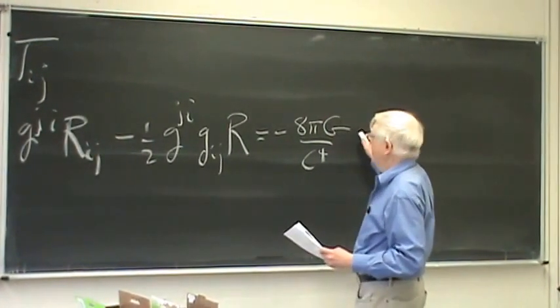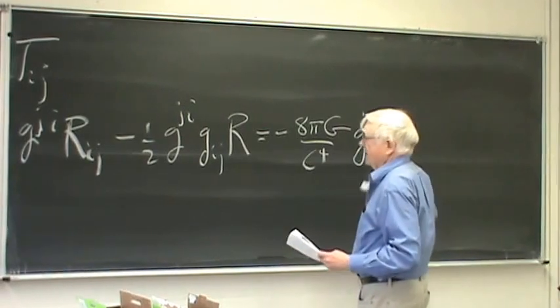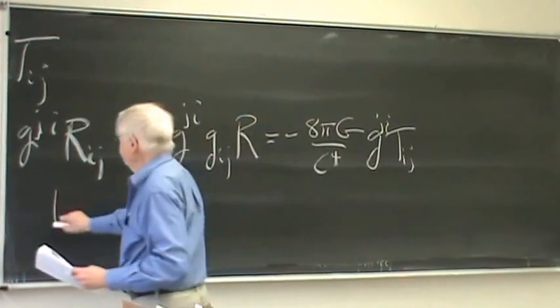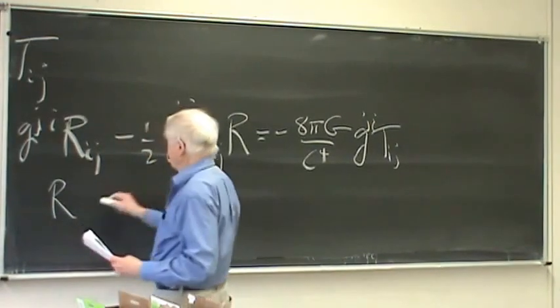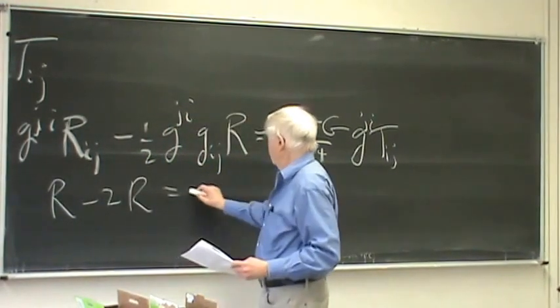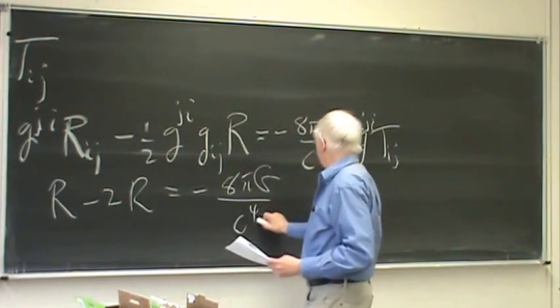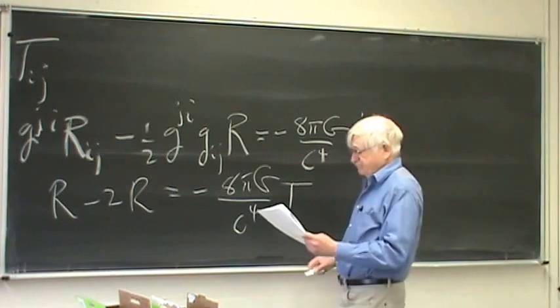And then we have G^ji Tij. Well, this would give us R, this would give us minus 2R equals minus 8 pi big G over c to the 4th T.